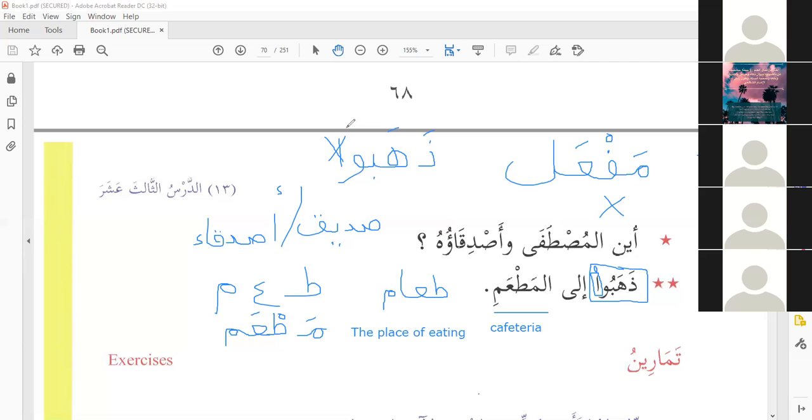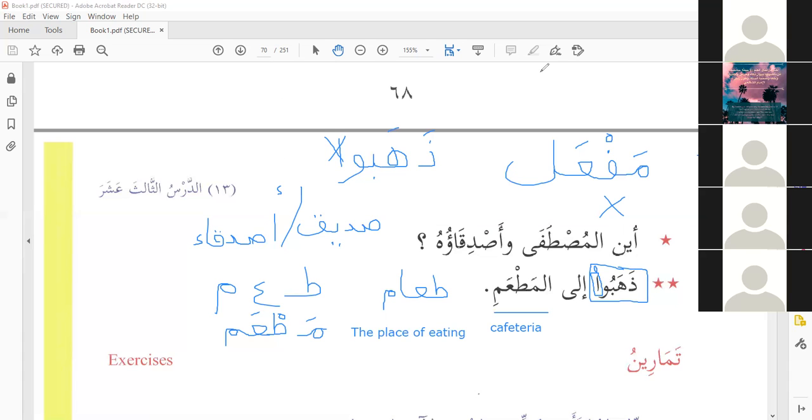You can take any verb that you've learned up until this point and practice with this technique, and it will help you remember. Kataba, katabu. Jalasa, jalasu. Anything else, qara'a, to read, qara'u, etc. Okay, we're way over time.